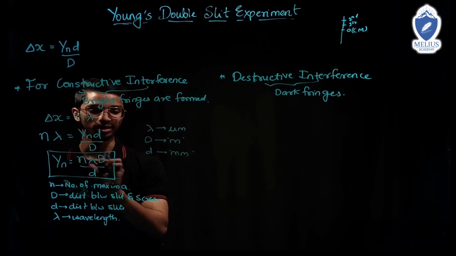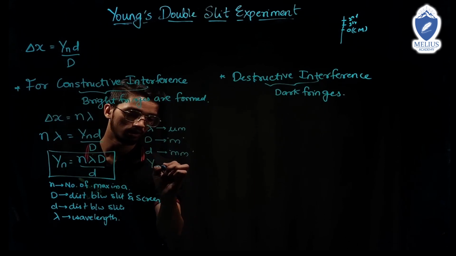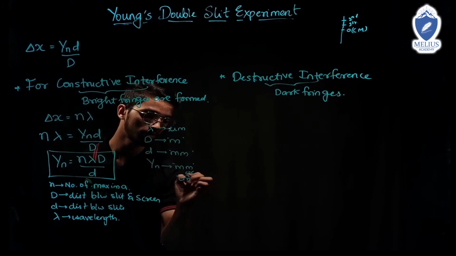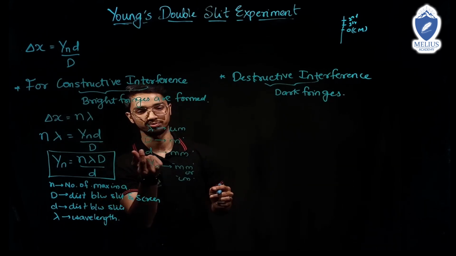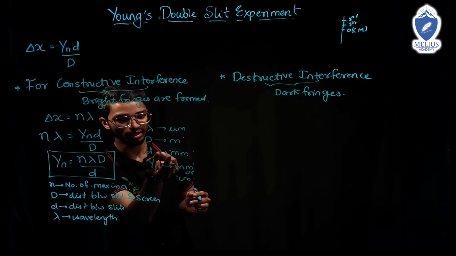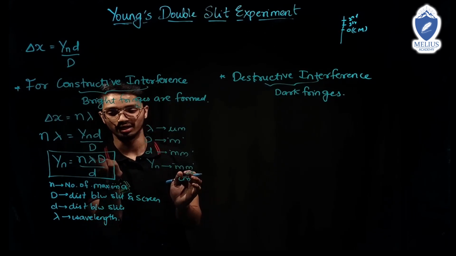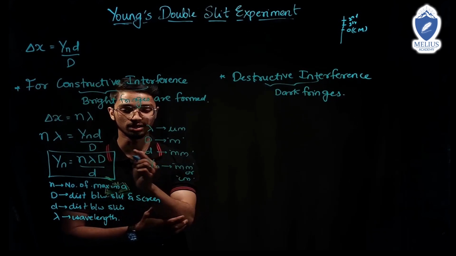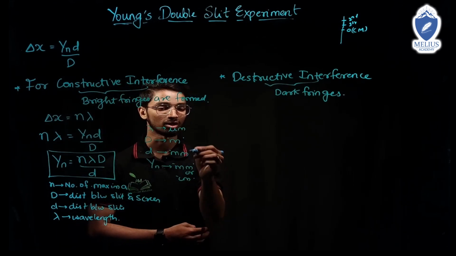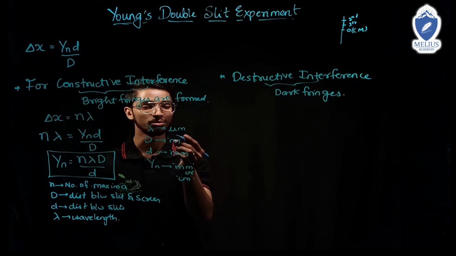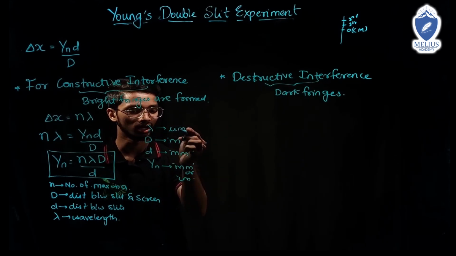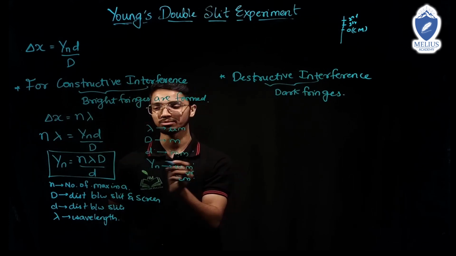And the position will also be in millimeter or centimeter. If I wrote n lambda small d by capital D, micrometer into millimeter will be nanometer. Nanometer by meter will be Angstrom.